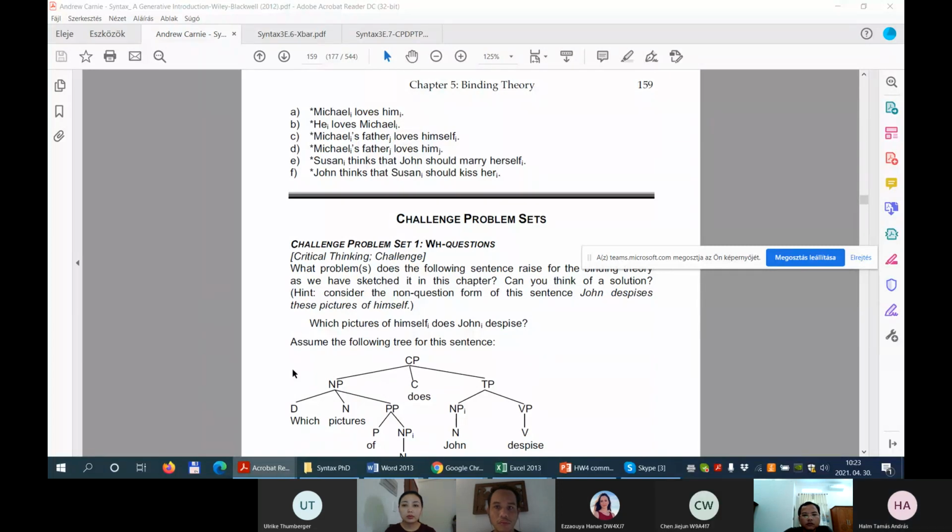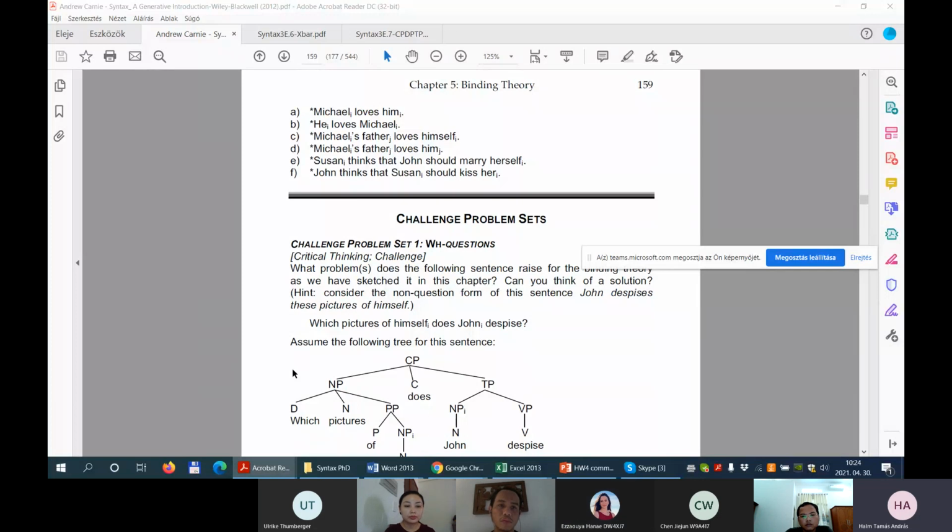Hannah, please. Yes, so for C, I said that the clause which has the problem is loves himself, and it's not c-commanded by its binder, so it's not bound. And therefore it's ungrammatical because it violates principle A, which says that anaphors must be bound in the first place. That's right, perfect.